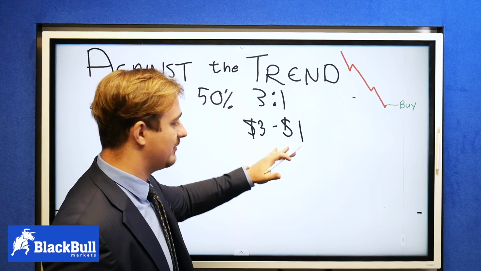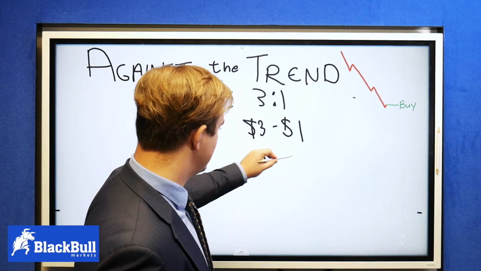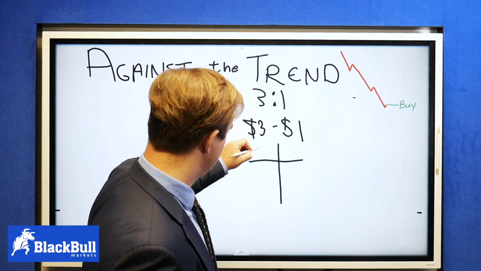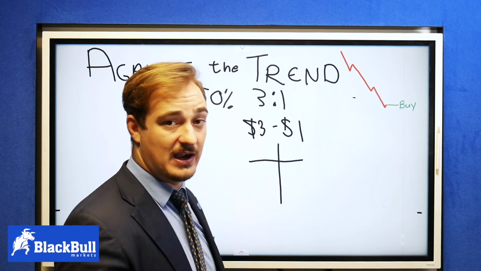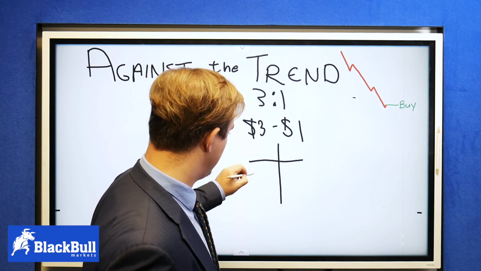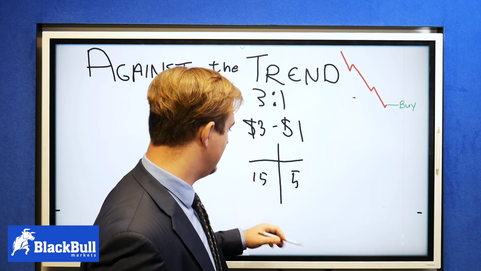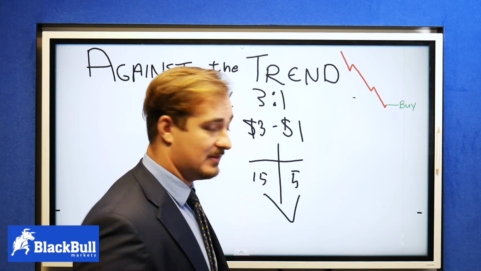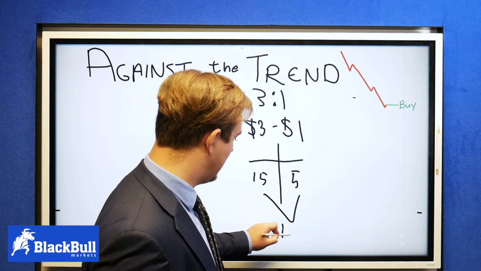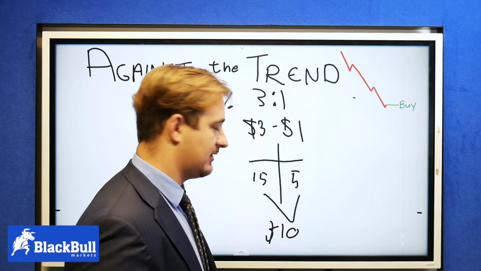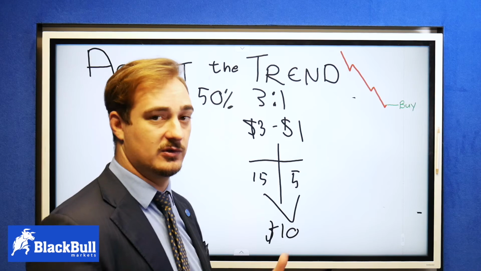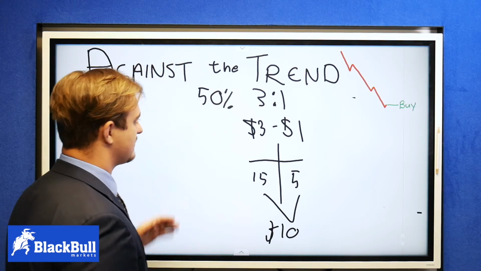Now if I'm right half of the time, let's say I take 10 trades, and 5 of them are winners, obviously I'm going to make 15. If 5 of them are losers, I'm going to lose 5, right? So at the end of the day, taking down my losses and my profits, I'm still up $10 in this case, if I was trading dollar for dollar, okay? So that's how these risk reward ratios work.